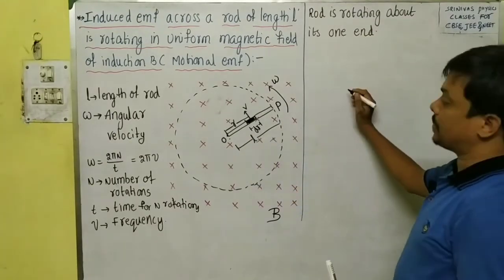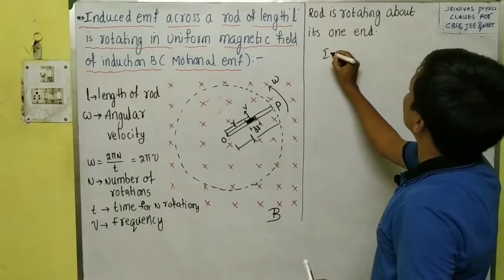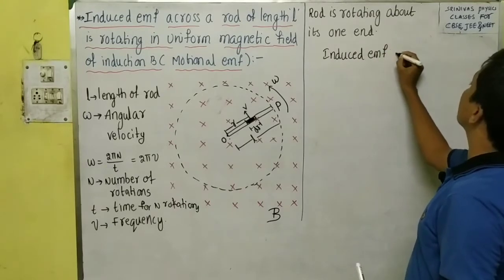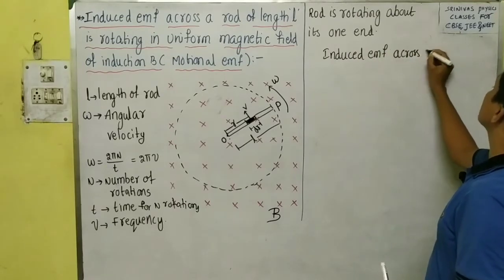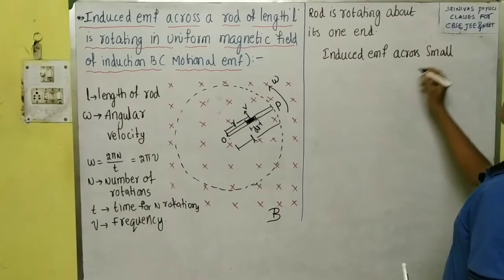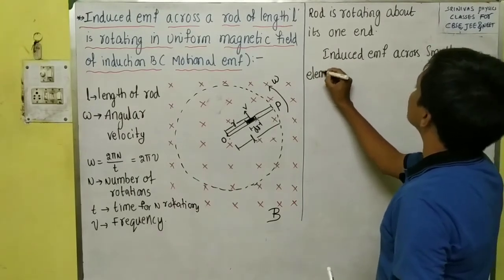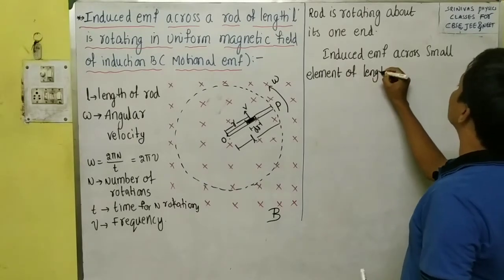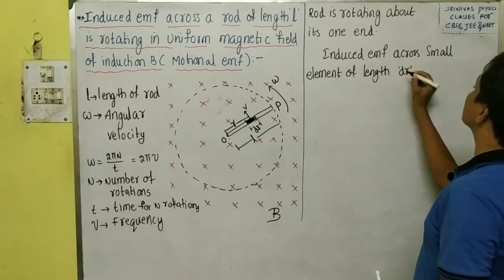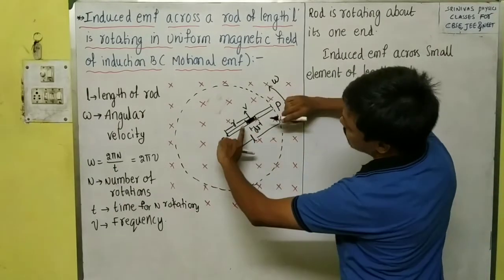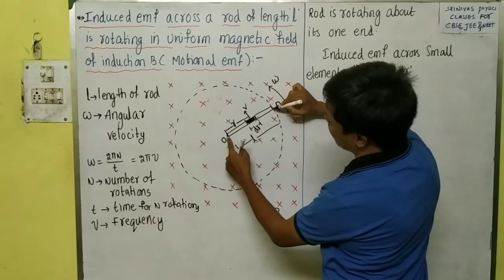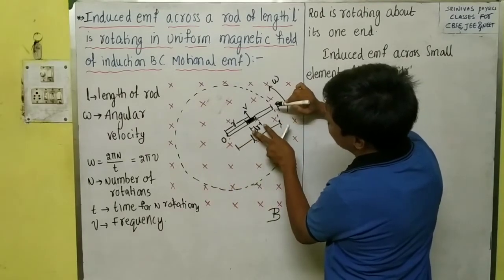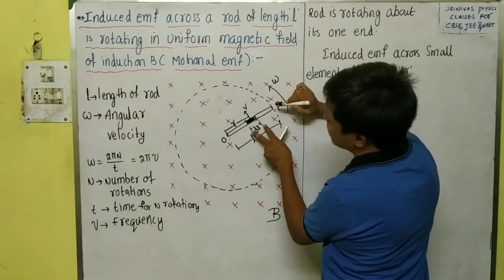For that, I want to derive the induced EMF across a small element of the rod, of length dr. Look at here, this dr is the small element length. The full length of the rod is L, and in this small part I am taking, the length is dr.